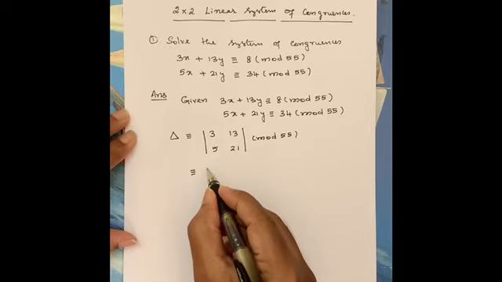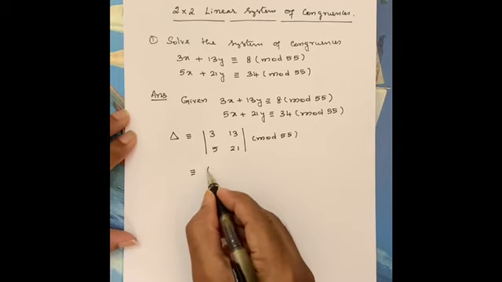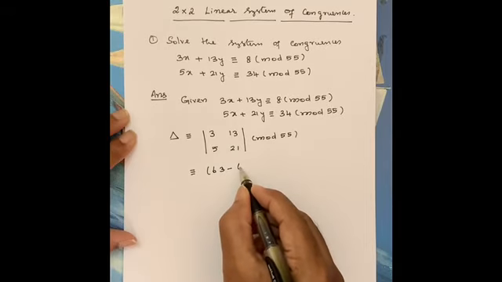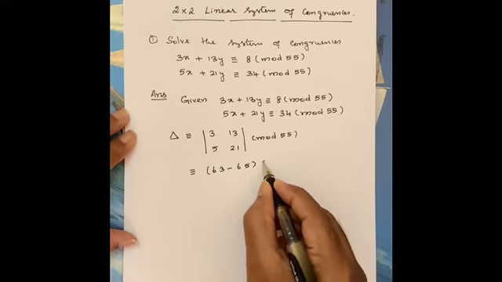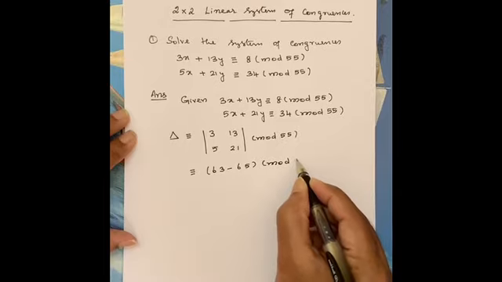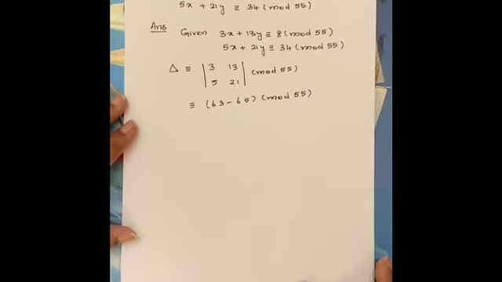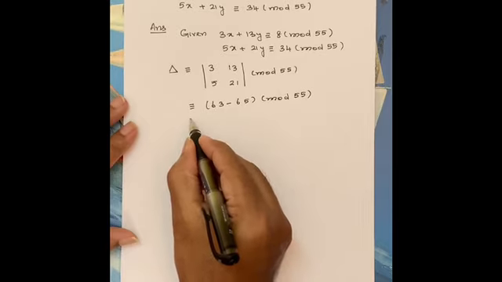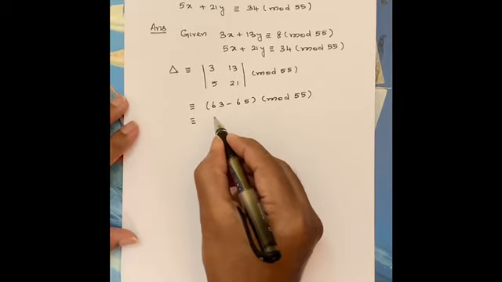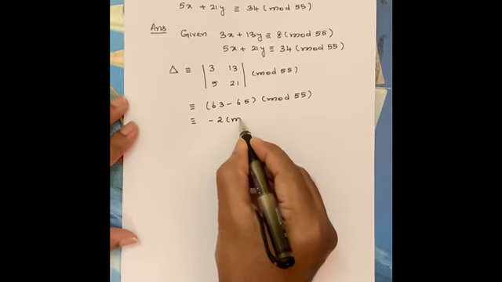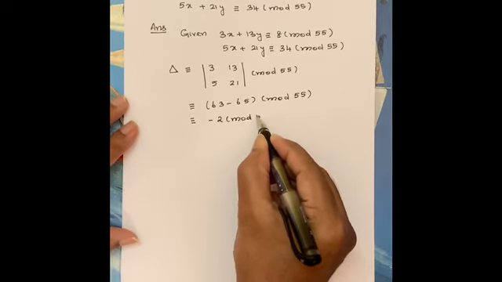As usual, you can calculate 3 times 21, it is 63, 13 times 5, it is 65, modulo 55, which is congruent to 63 minus 65, which is minus 2 modulo 55.